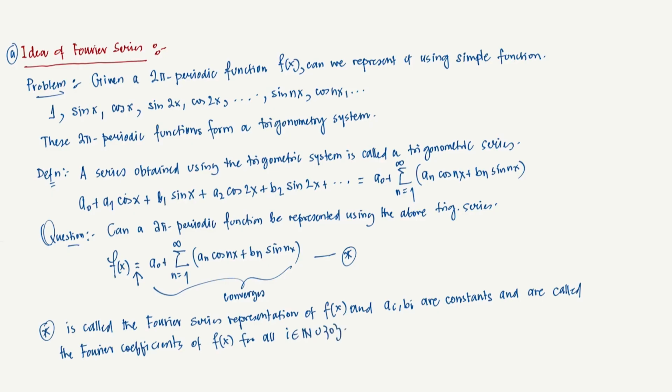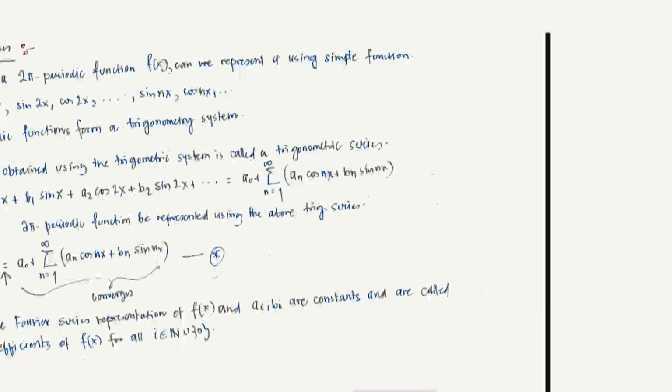Now, another question is this: can we write a0, an and bn in terms of f? Okay, these are constants, but without understanding what the constants are, we can't decompose f of x, right? So there is an easy formula, it's called the Euler formula. By the way, we will deduce all of this.